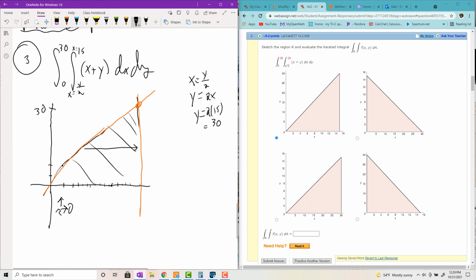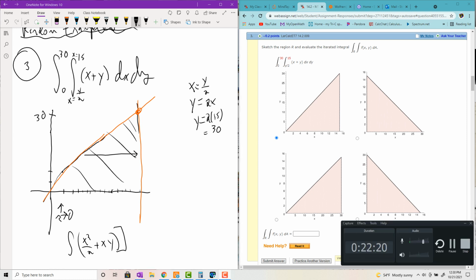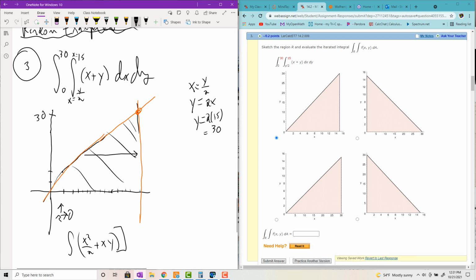Then they actually want you to integrate the thing. Unfortunately, the limits are nasty. Let's take a look anyways. With respect to x, it would be x squared over 2 plus xy, from y over 2 to 15, dy.